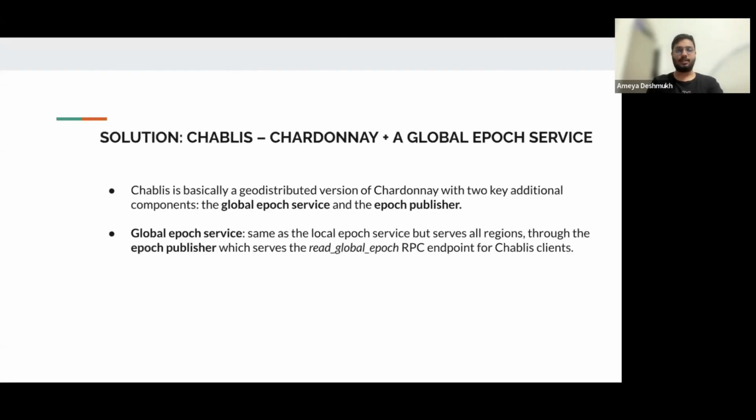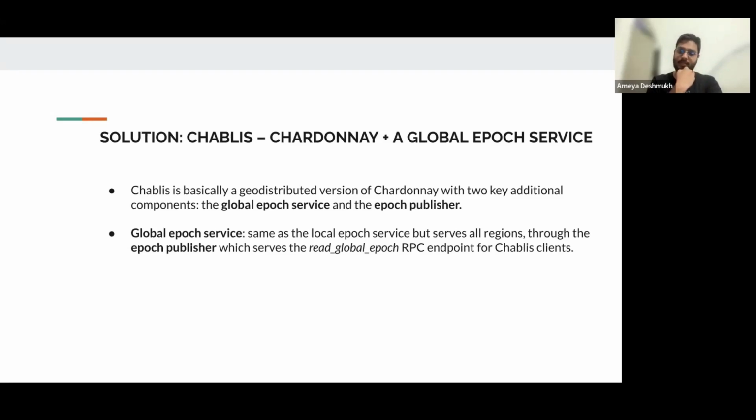So the solution here is Chablis, which is a generalized or extended version of Chardonnay. The only additions that Chablis makes to Chardonnay are two components: the global epoch service and an epoch publisher. A global epoch service serves the same purpose as a local epoch service. It is an ordering service, if you might say.